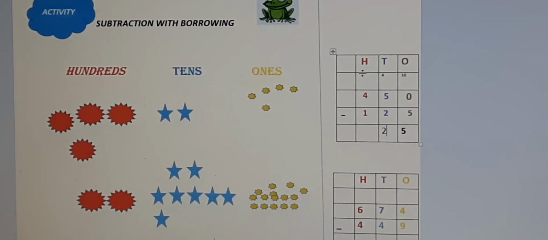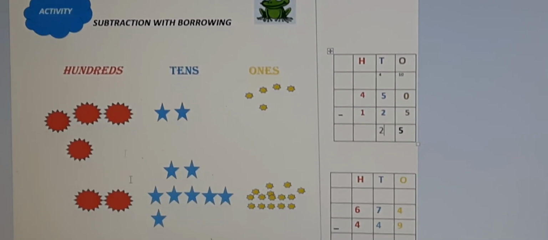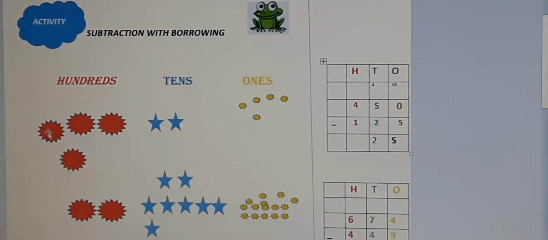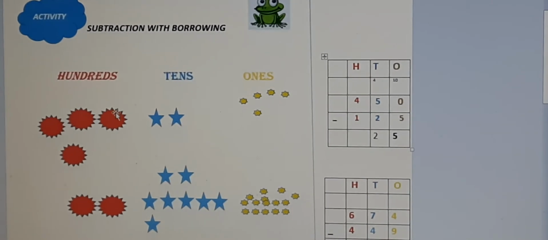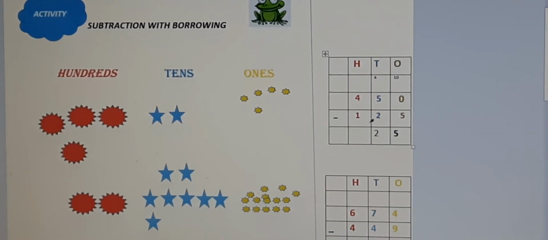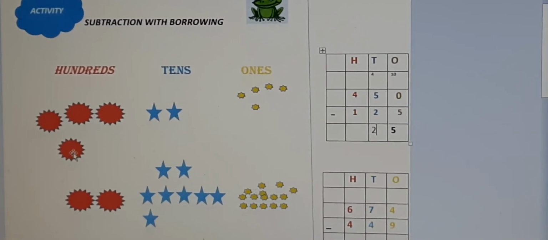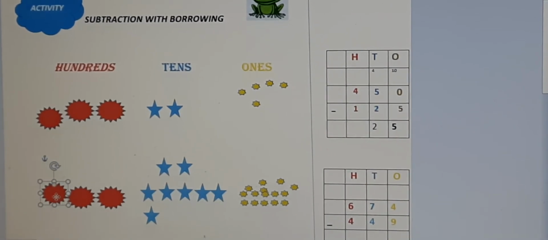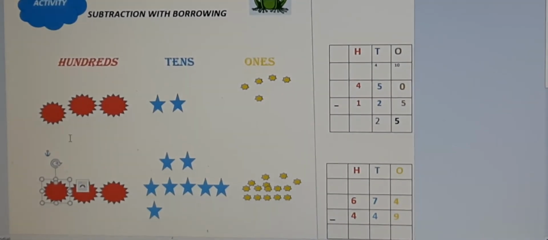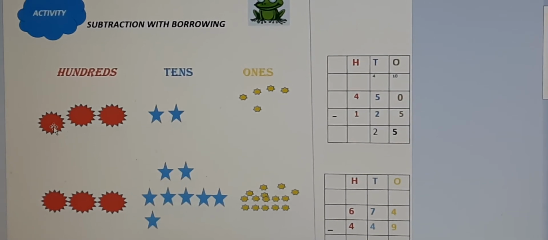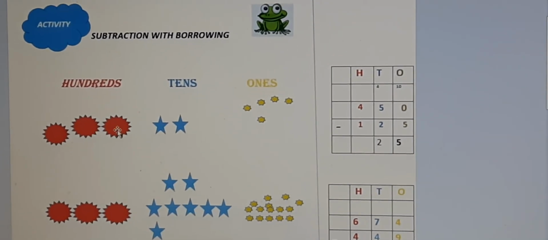Very good. Now next we have to move towards the hundreds value. How much is the minuend? 4. 1, 2, 3, 4. And how much is the subtrahend? 1. So here we subtract 1 from 4 hundreds. So how many hundreds are left here? 100, 200 and 300.